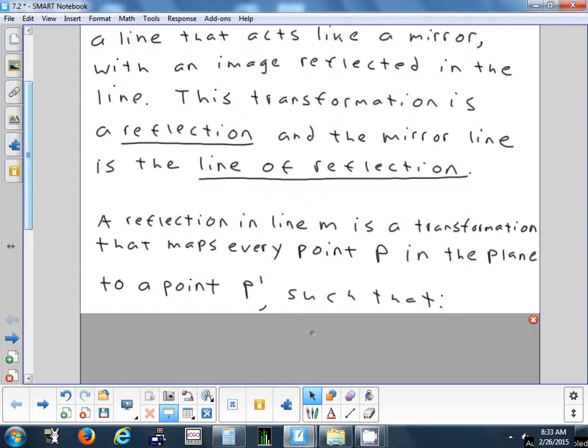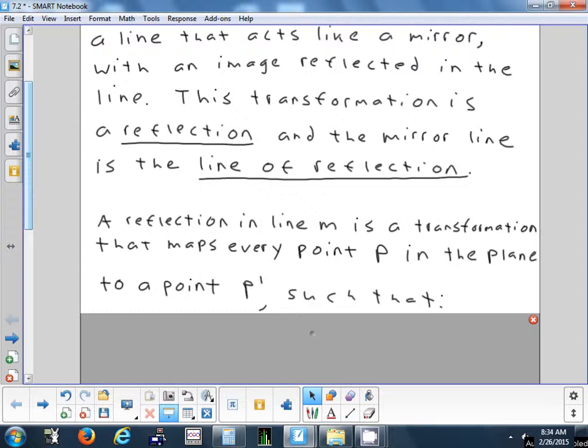When I think of a transformation, I think of it one point at a time. If you try to think of reflecting an entire picture all at once, that can be confusing to draw. But if you reflect one small point at a time and then connect all those points to make a shape, it's much easier. So that's how we're going to think of it.